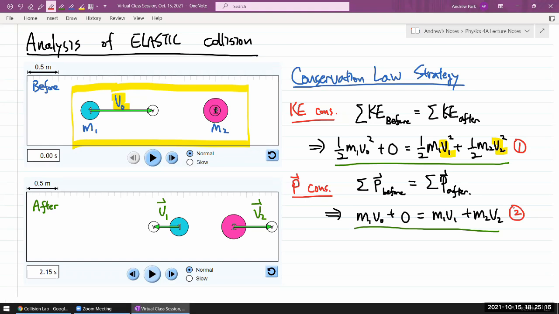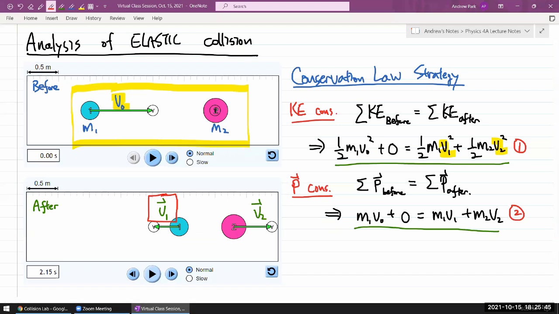So let's do that. I guess let me solve for V1, and I'll leave solving for V2 as an exercise for you. Once I've decided that I want to solve for V1, then paradoxically, I need to solve for V2.